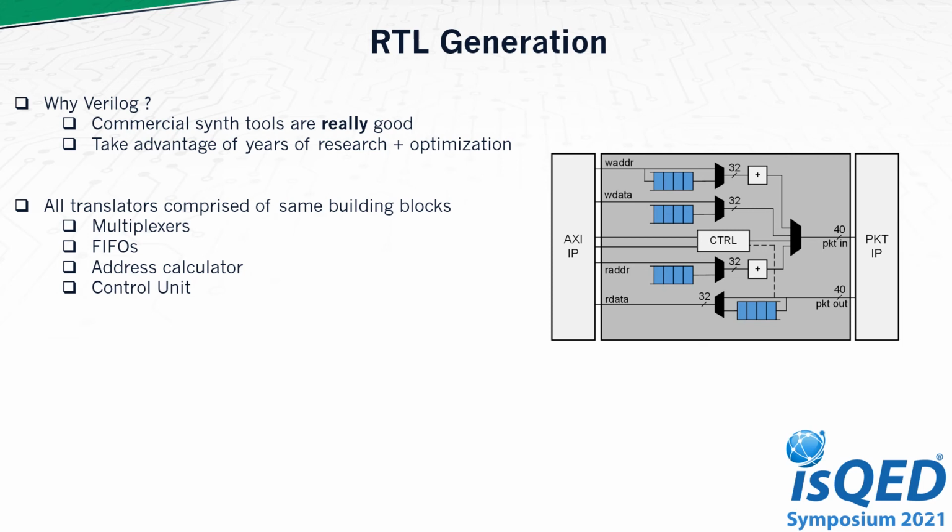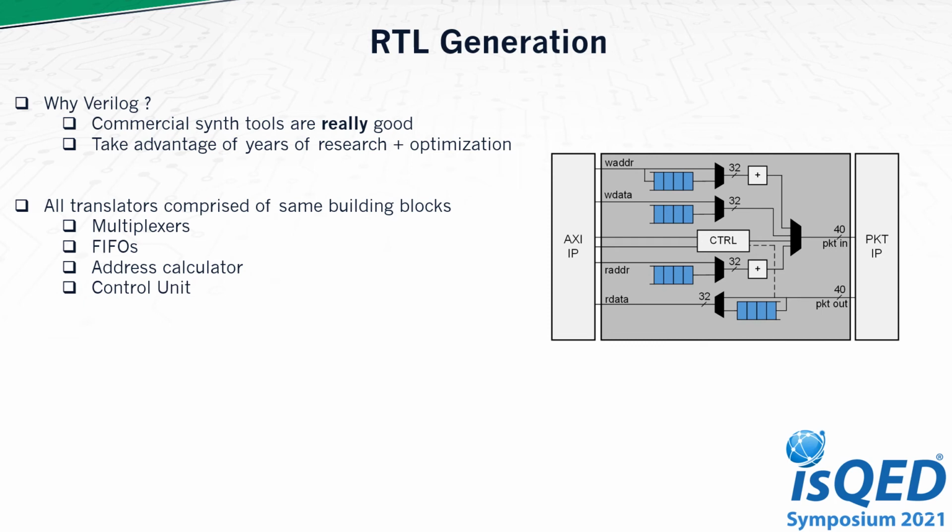To generate Verilog, we realize that all translators are comprised of the same basic components. And so we generate Verilog by instantiating these components one by one. First, we instantiate FIFOs at all data transaction ports to buffer data. Second, we need multiplexers to handle a couple of scenarios. The first scenario is for protocols with width mismatch, for example, if we were translating between a bus and serial protocol.